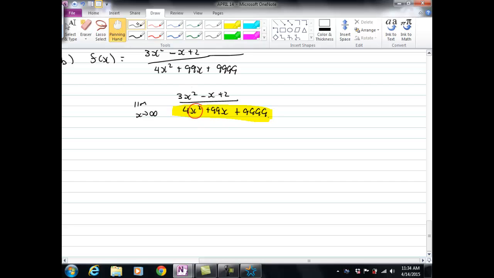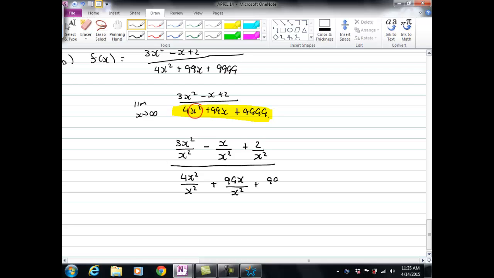So I'm going to divide the first number. So let's do this. 3x squared over x squared. See? I'm not dividing by 4. I'm just dividing by the highest power of x. Minus x over x squared. Plus 2 over x squared. All over 4x squared over x squared. So this is a quick review of grade 12.